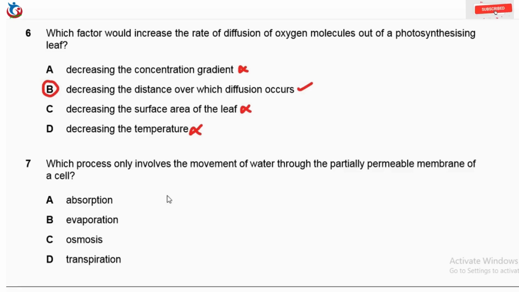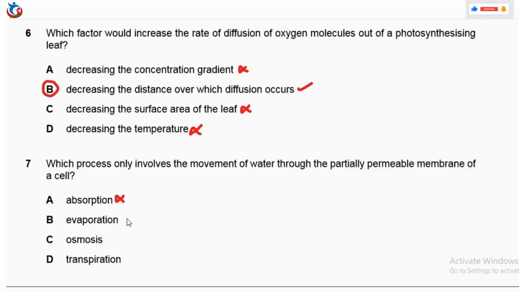So now move to question 7, which says, which process only involves the movement of water through the partially permeable membrane of a cell? Process that involve the movement of water only. So we have absorption. It's not only water molecules that can be absorbed.